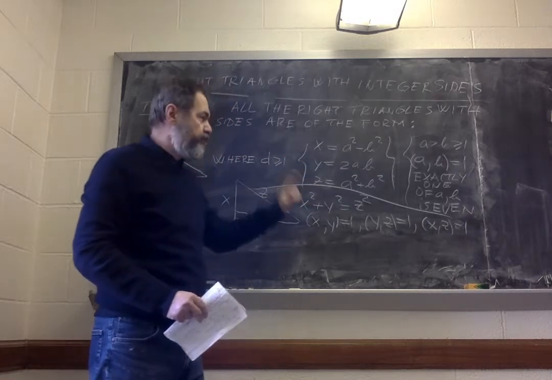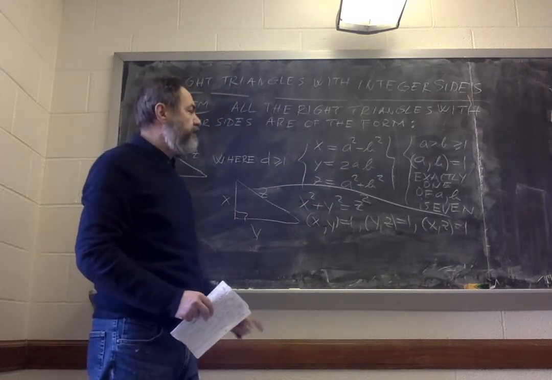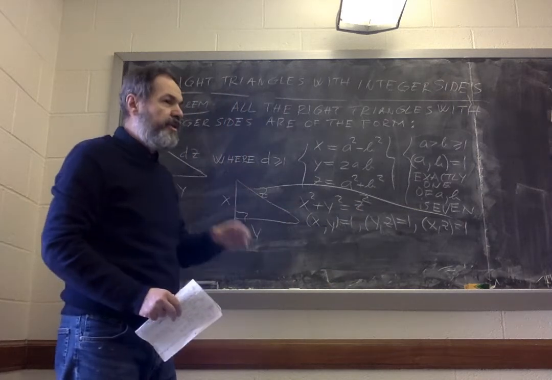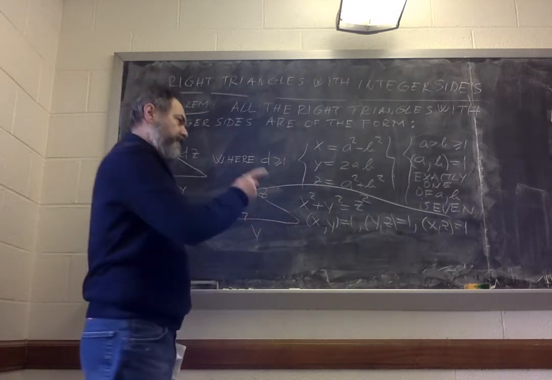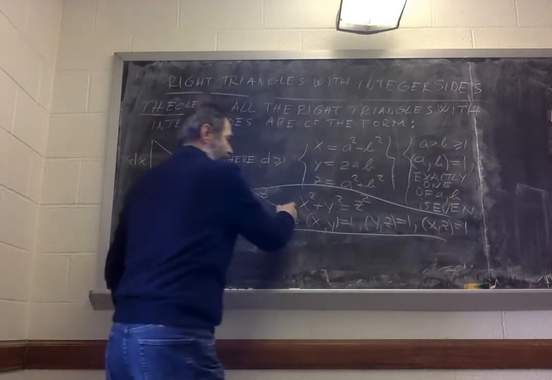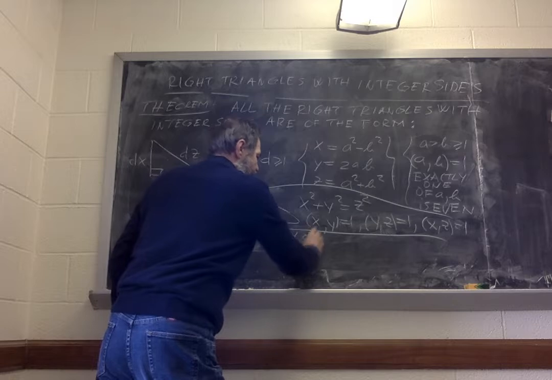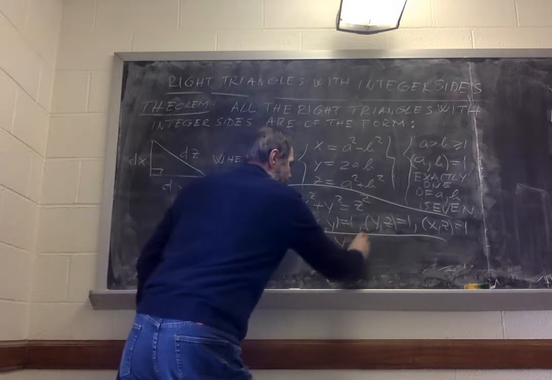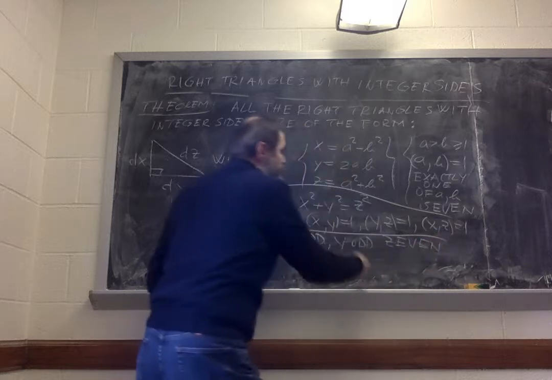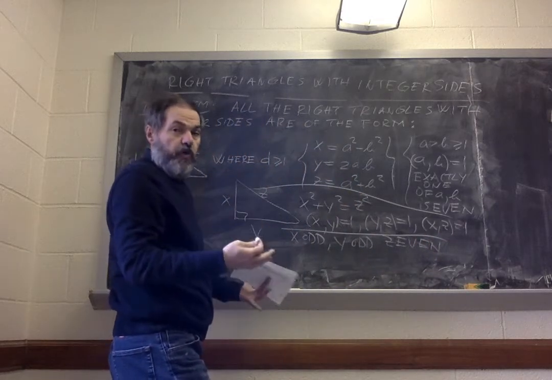As soon as we show that the even one is not z. How do I show that? If x is odd, y is odd, and z is the even one, then when I square it, it's a multiple of 4.